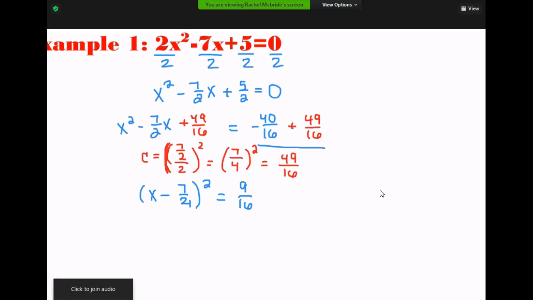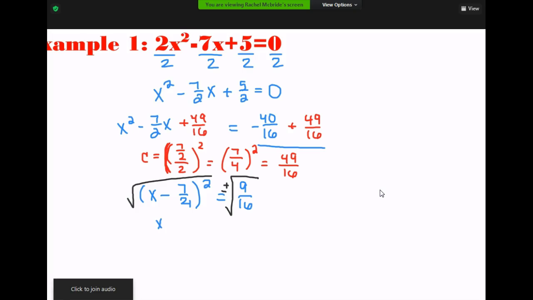And now we're at a point where it's like solving a square root. We're going to take the square root of both sides. And you have to remember that when you take the square root of a non-squared side, we add our plus or minus.